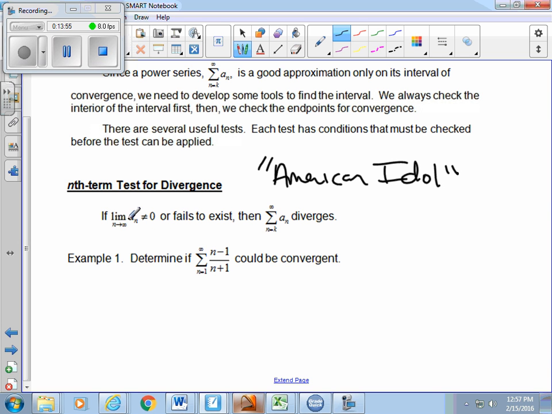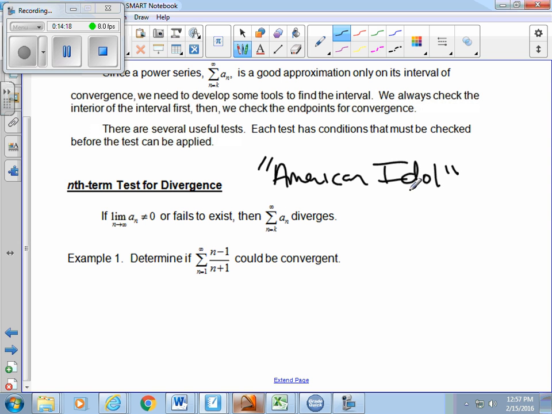So if the limit of the numbers in the sequence doesn't equal 0, or it doesn't exist, then there's no way for this series to converge. Remember, a sequence is just a sequence of numbers. A series is the sum of that.